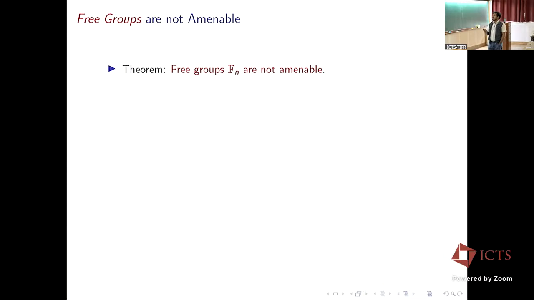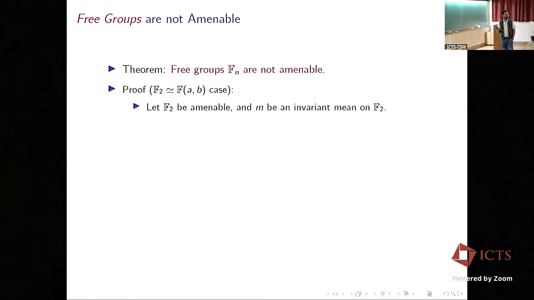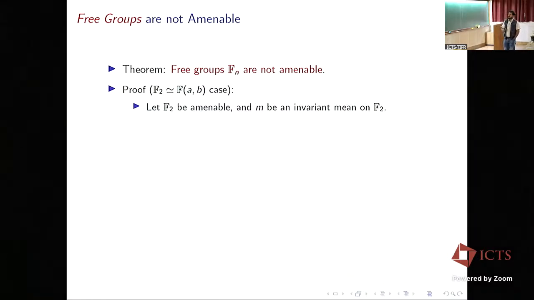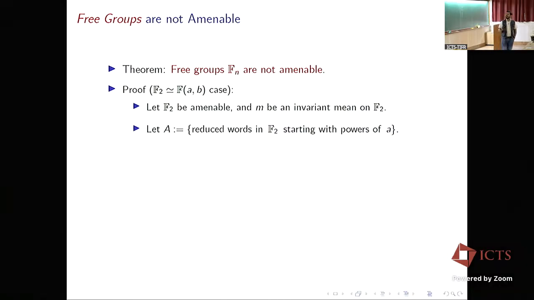So why are they not amenable? Suppose there is an invariant mean on F2. We are doing this in particular in the case of free groups with two generators. The general proof will be similar. Now let us look at the words which start with powers of a.